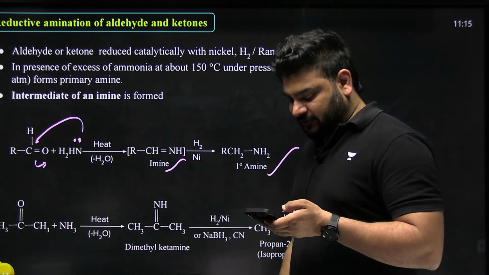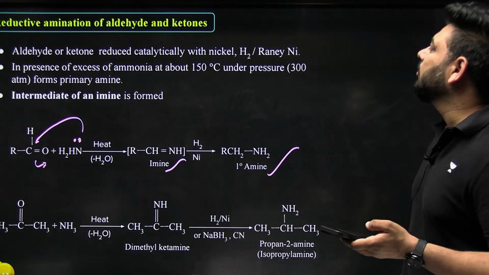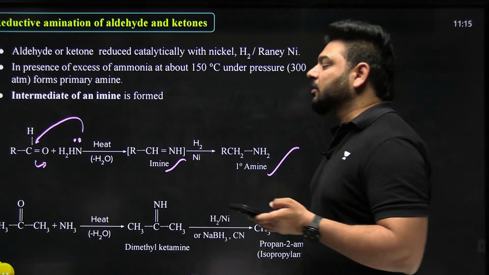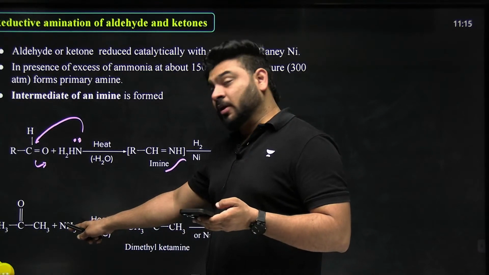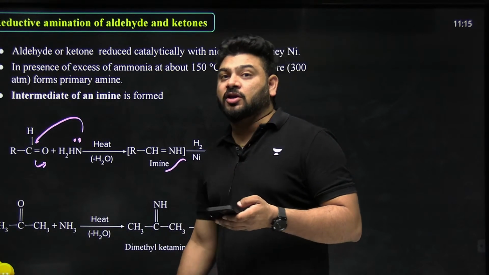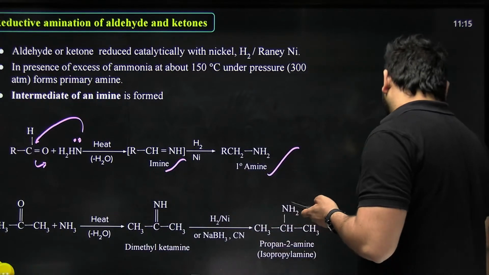Okay, this is the reductive amination of aldehyde or ketone. So you first need to get it attacked by the ammonia, and now ammonia can also be an amine. It can also be a 1 degree amine, and then you can get 2 degree or tertiary amines also using this method.